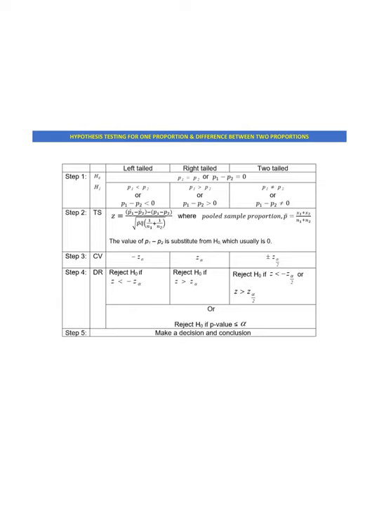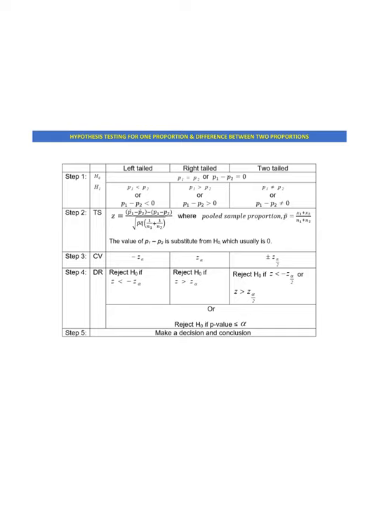Now let's look at hypothesis testing for the difference between two proportions. As usual, we define the 5 steps. Our null hypothesis is P1 equals P2, or P1 minus P2 equals 0.